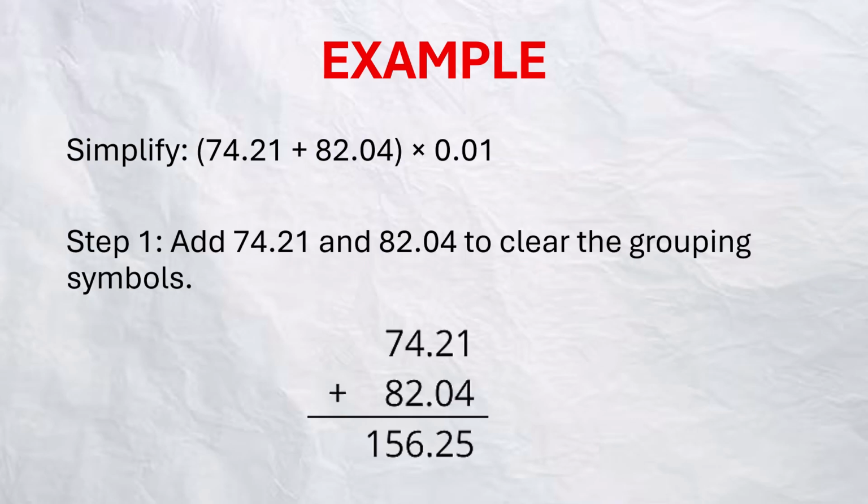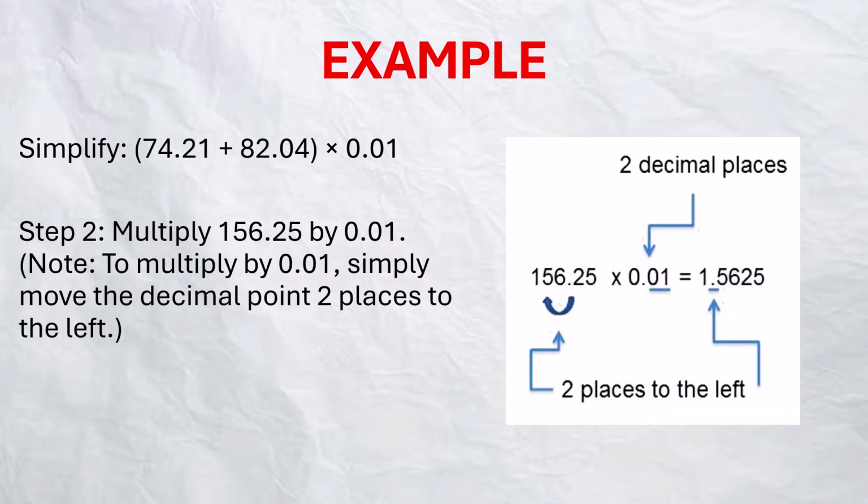Next, simplify the groupings of 74.21 plus 82.04 multiplied by 0.01. Again, step 1, add 74.21 and 82.04 to clear the grouping symbols. So the sum is 156.25. After that, we multiply 156.25 by 0.01.